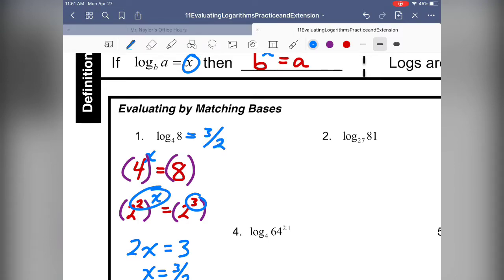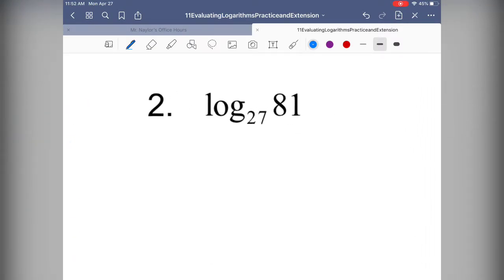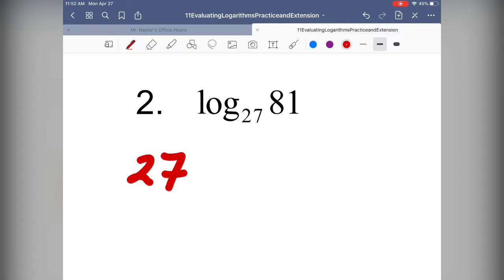Pretty nifty, eh? We found all that by matching the bases. So how about the log base 27 of 81? Now, using a matching of the bases idea, we would say that 27 to some unknown power is equal to 81. Well, you're not expected to know that in your head.